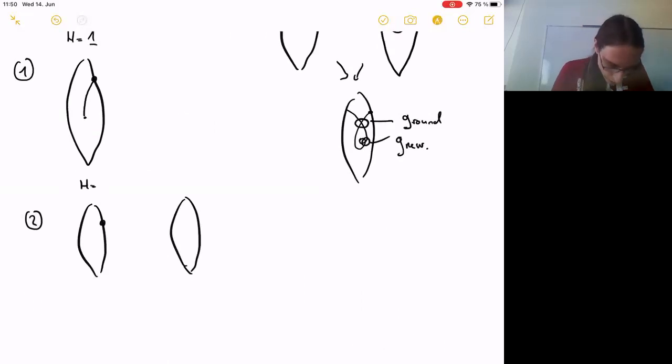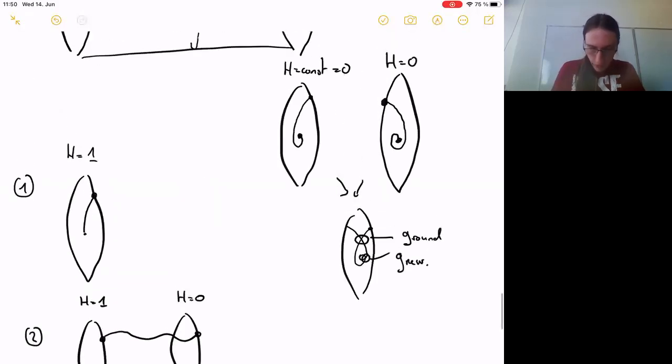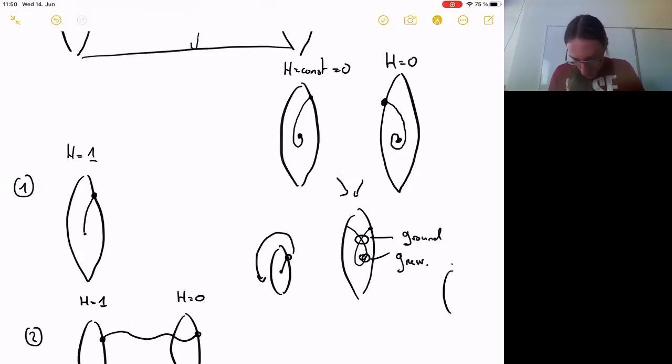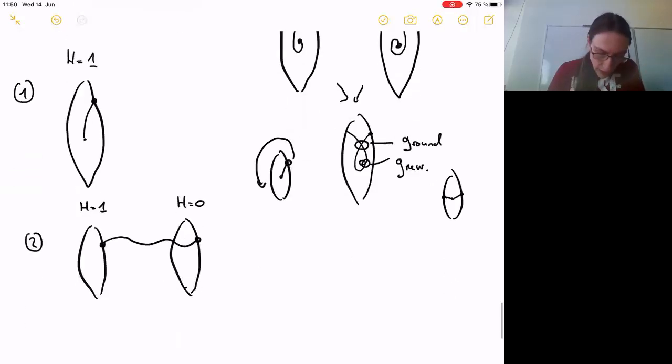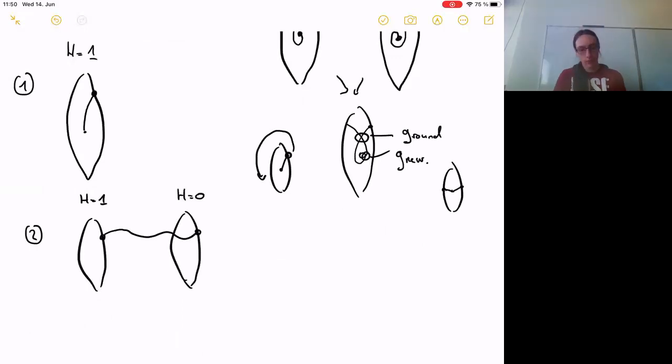So as you go from h equals 1 to the middle, you need to know where the boundary point ends up, because if this point just moves around here, then maybe you end up with a picture that just looks like this, and then no intersections and no luck. So you need to know what happens to this boundary point.